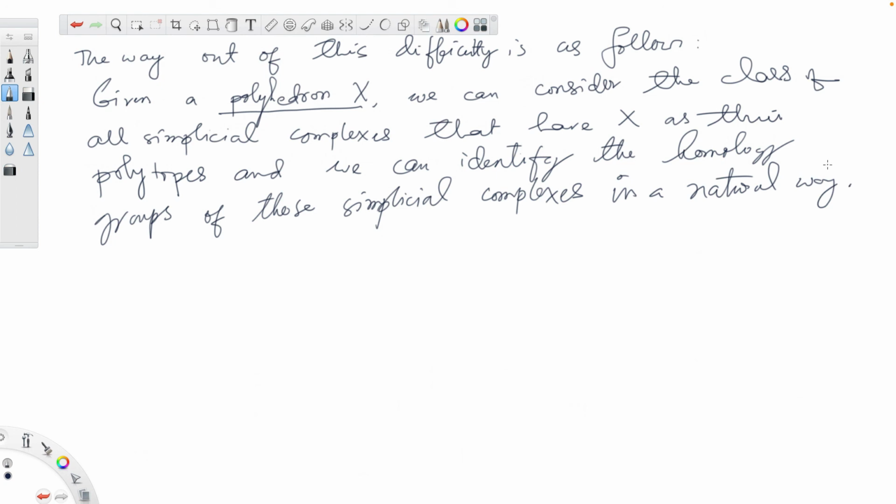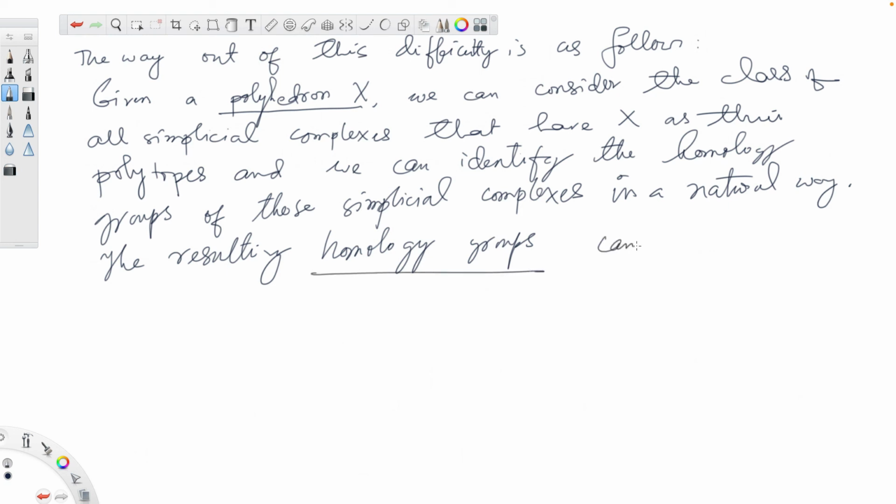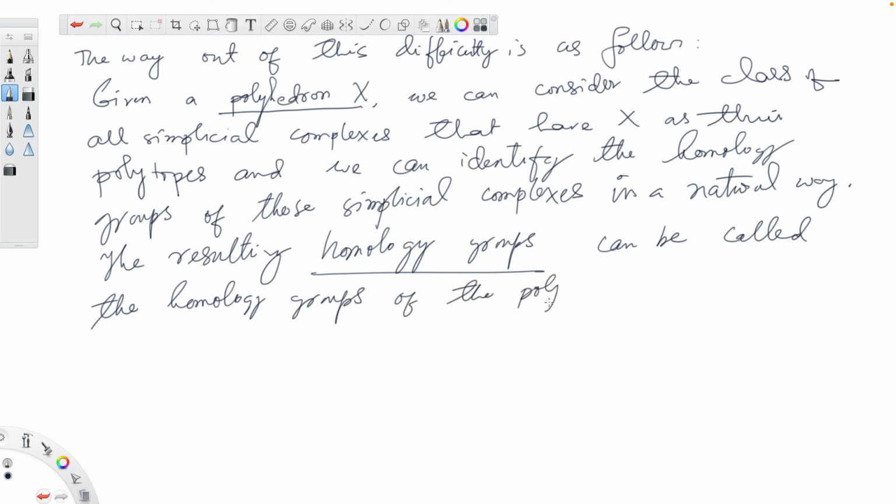The resulting homology groups can be called the homology groups of the polyhedron X. Homology groups of the polyhedron X.